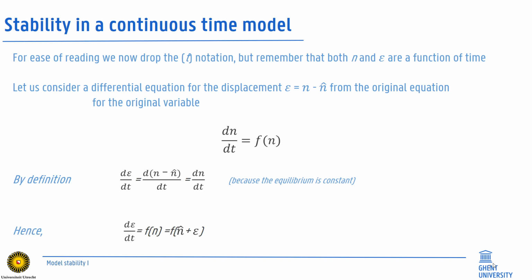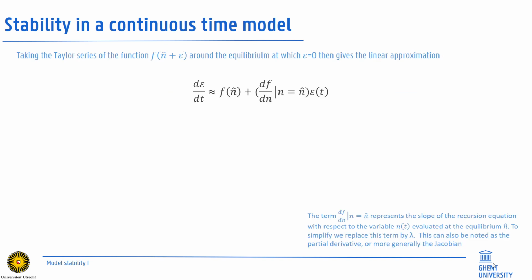The right-hand side does not contain the perturbation anymore, but we can substitute it by the function at the equilibrium point plus the perturbation. We can use a Taylor series around equilibrium when perturbations are small and obtain a linear approximation, being dε/dt equals the function of the equilibrium, plus the partial derivative of the function at that equilibrium point times the perturbation strength.